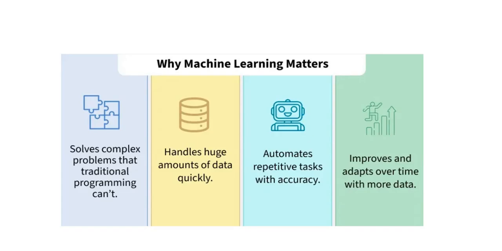However, many real-world problems like speech recognition, image classification or fraud detection are too complex to define using fixed rules. So machine learning overcomes this by learning patterns automatically from large amounts of data instead of relying on manual coding. For example, detecting disease from medical scans or identifying spam emails. These are tasks too dynamic and detailed for rule-based systems.